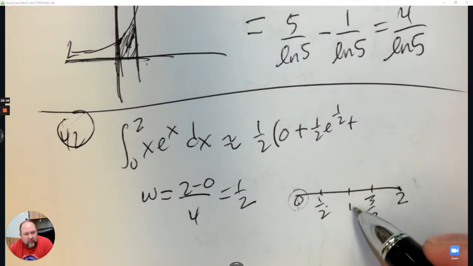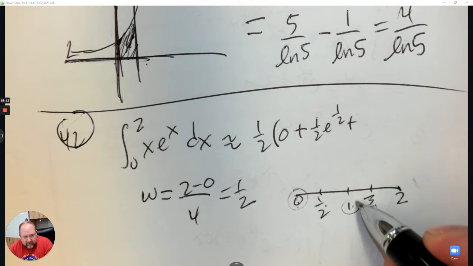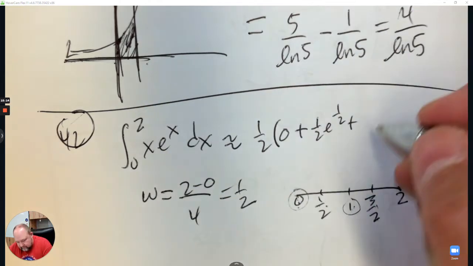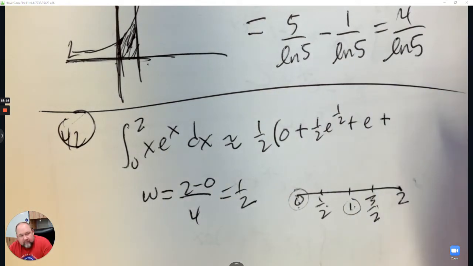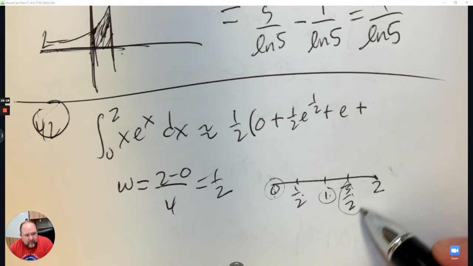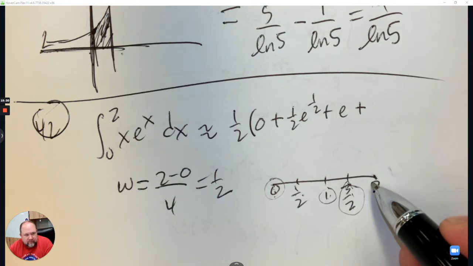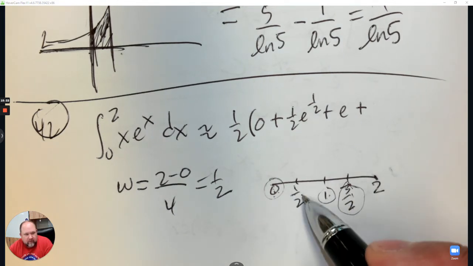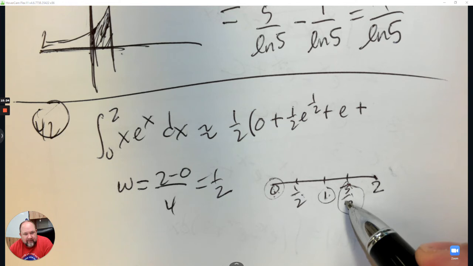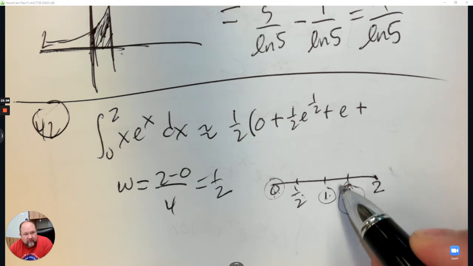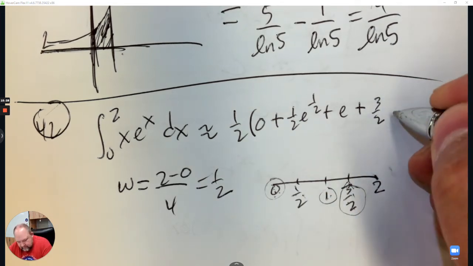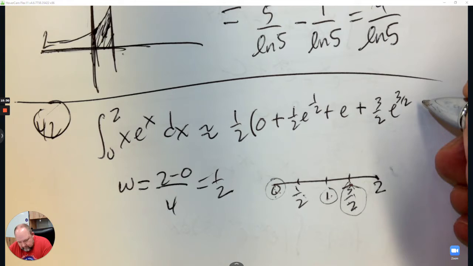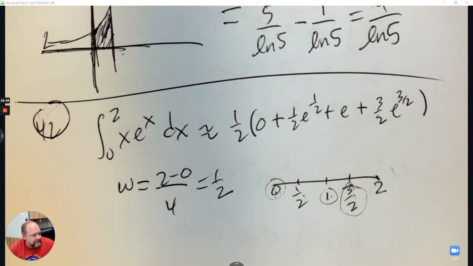The next one goes 1 to 3/2, so I'm going to plug in 1. And then the last one is 3/2 to 2. So I use 0, 1/2, 1, and then 3/2. That's the 4 rectangles. And it's done.